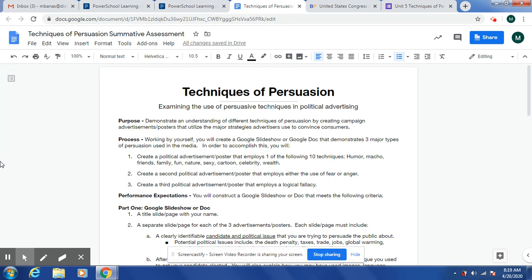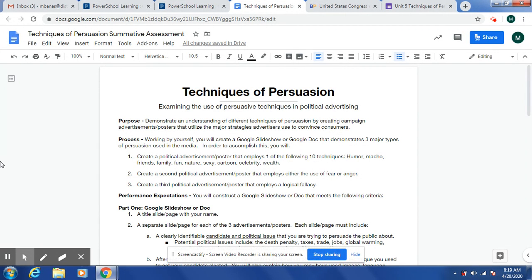All right. So it says the purpose of this assignment is to demonstrate an understanding of different techniques of persuasion by creating campaign advertisements and posters that utilize the major strategies advertisers use to convince consumers. So by working by yourself, you'll create a Google slideshow or Google Doc that demonstrates three major types of persuasion used in the media.